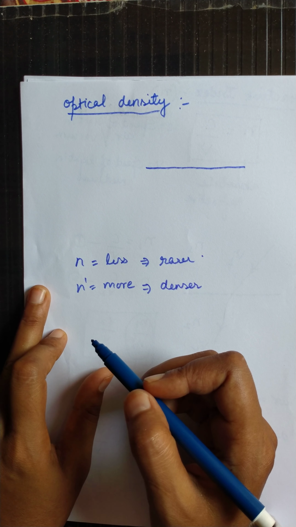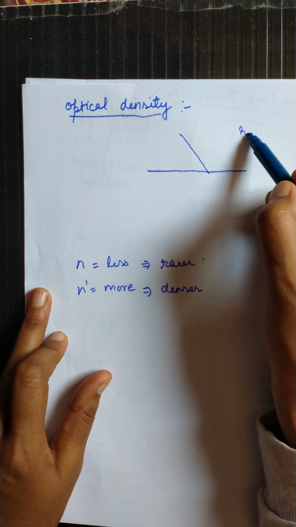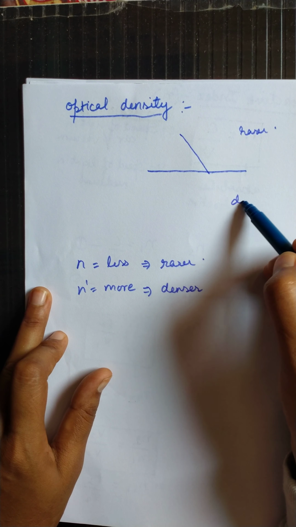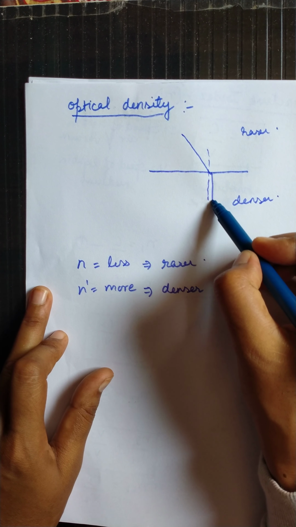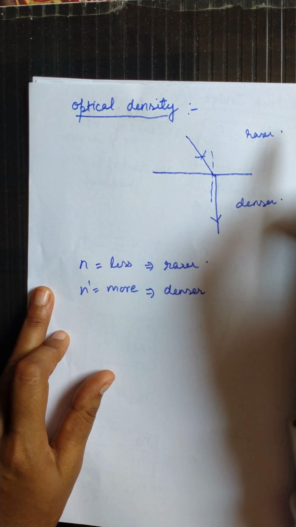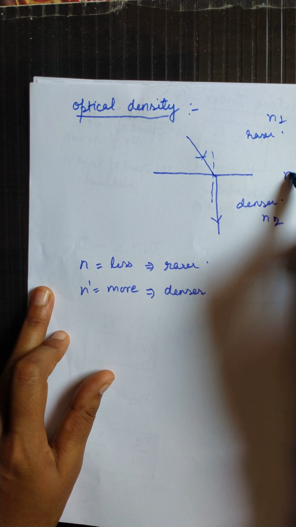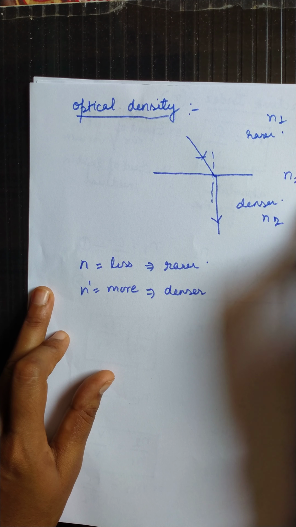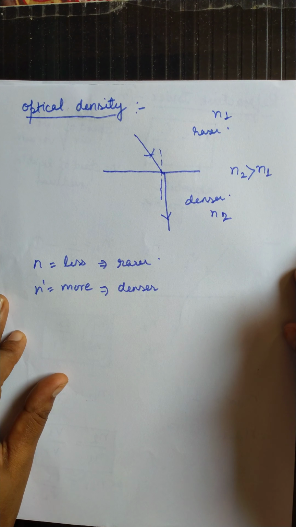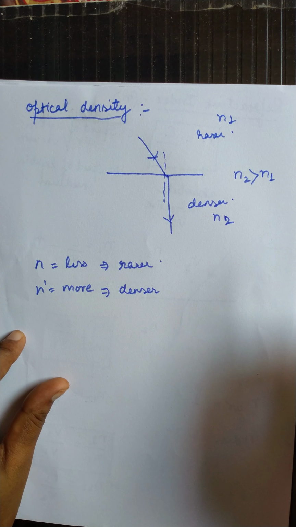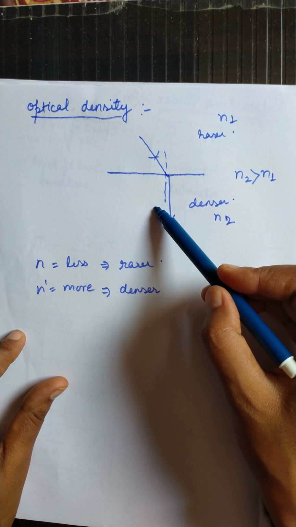Whenever a light ray moves from a rarer to a denser medium, suppose its refractive index is n1 and the other is n2, when n2 is greater than n1, the refracted ray will bend towards the normal.